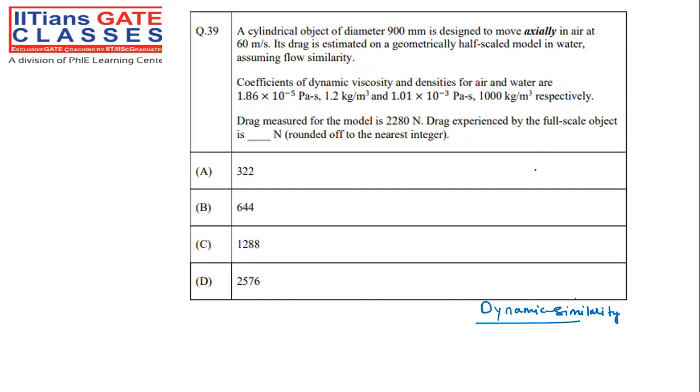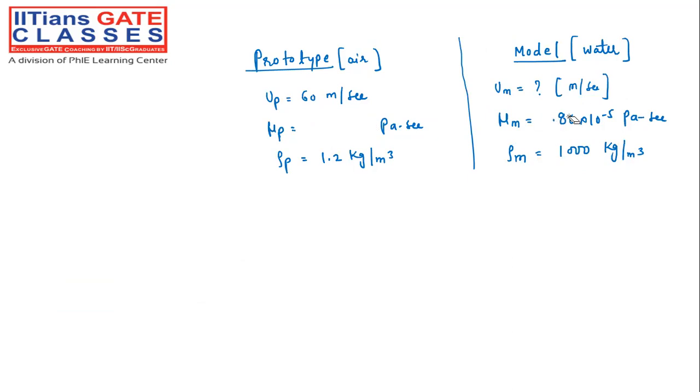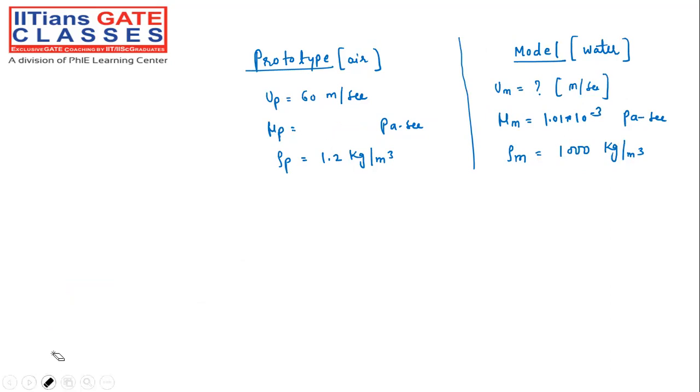I think mistakenly we have swapped the dynamic viscosity values. Here, for the prototype it will be 1.01 into 10 power minus 3, and for the model it is 1.86 into 10 power minus 5 Pascal second.